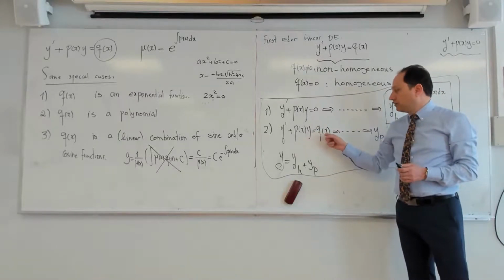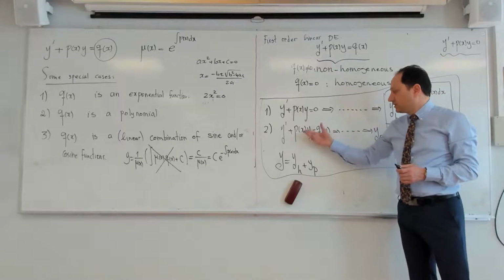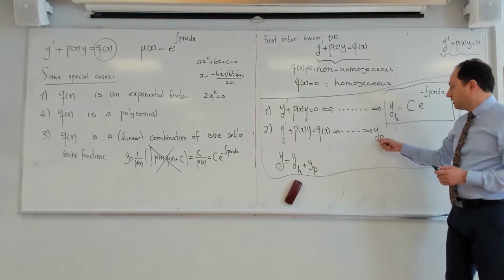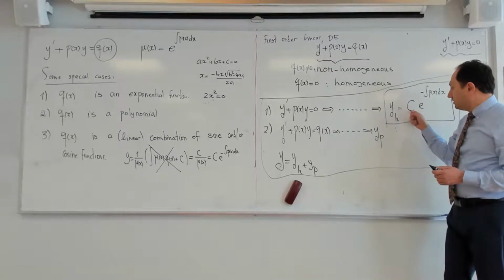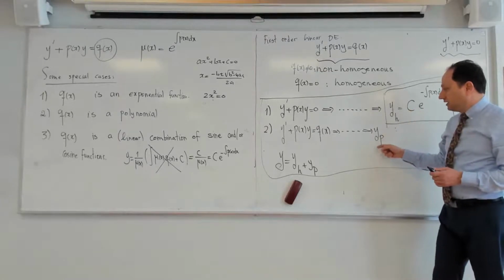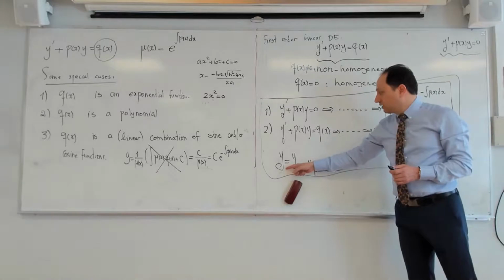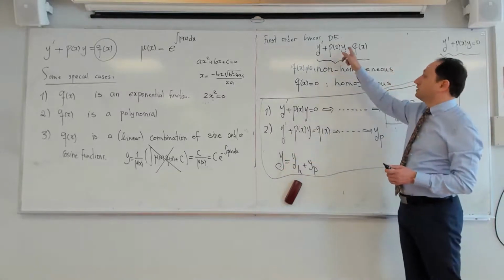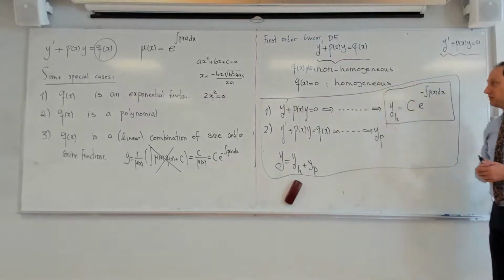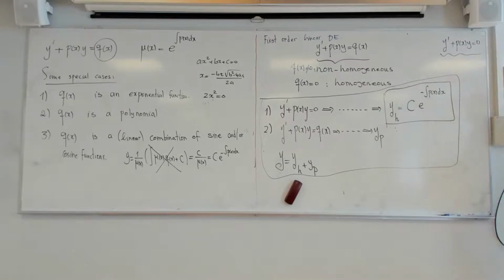If you can find one solution of this differential equation, let us call it y particular. Then if you add this solution to that solution, you get a general solution of the differential equation that you are interested in.